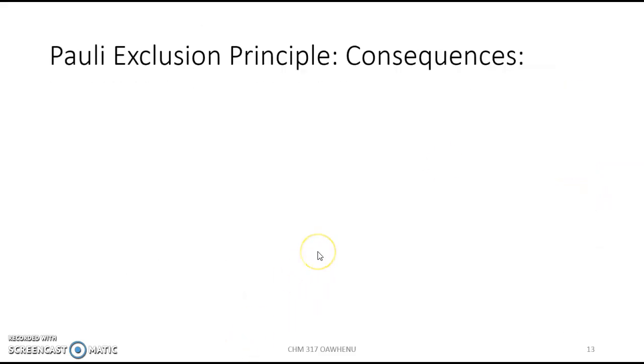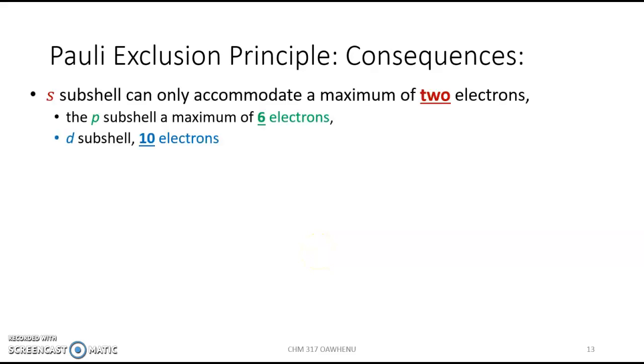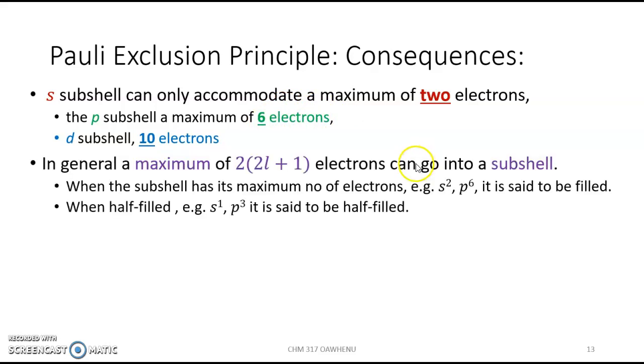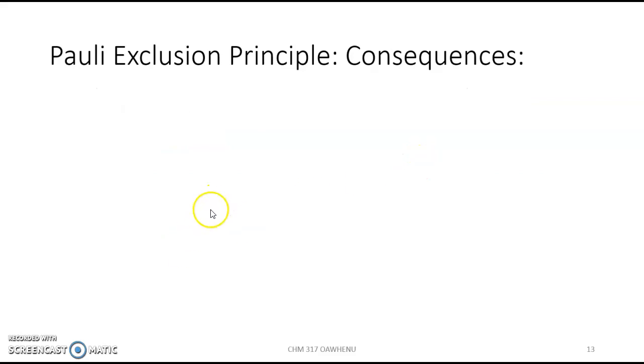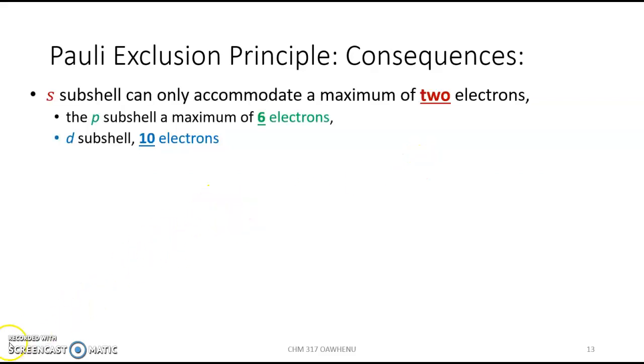The consequence of this is that the s subshell, which 1s falls into, can only accommodate a maximum of 2 electrons. The p subshell, that's L equals 1, has 3 orbitals, so there are a maximum of 6 electrons.